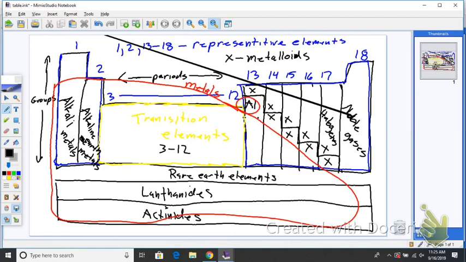And then the last group that we would have is this group right here, and there's not many of them. That would be your nonmetals.